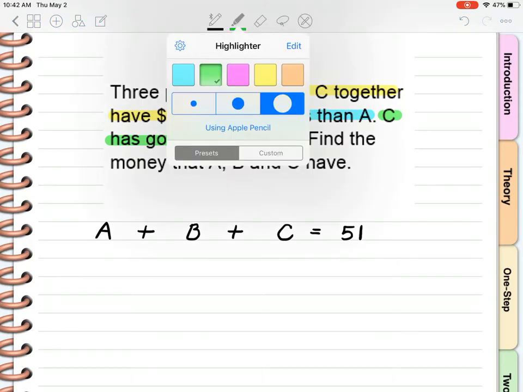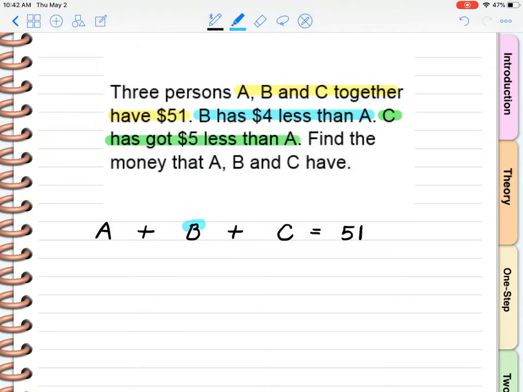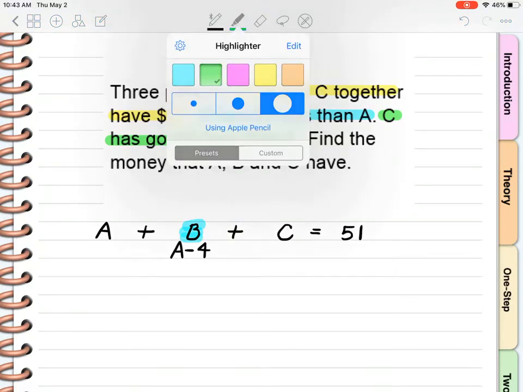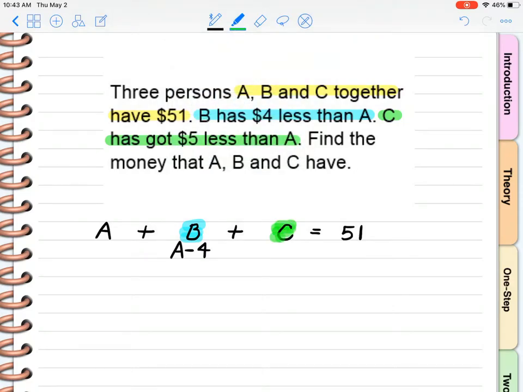So let's focus on B. This is the blue part. B has $4 less than A. So to get B's amount, I'm going to say A minus 4. 4 less than A. And then C has got 5 less than A. So A minus 5 is your C value.